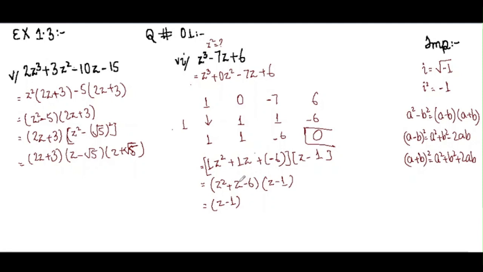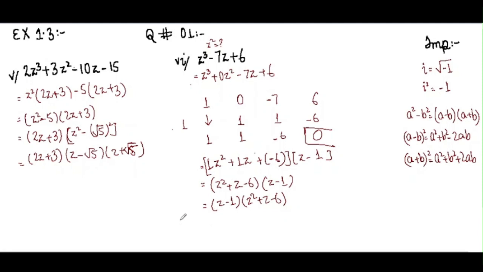How are we going to factorize this term? Yes, we are going to use the quadratic formula, z square plus z minus 6. We are just going to ignore the other term for a while, and in the final answer we are going to write it as it is.